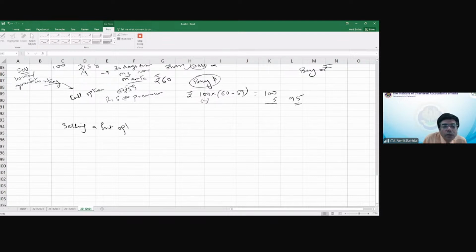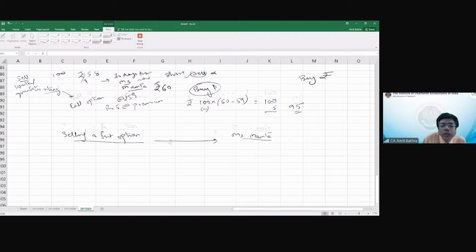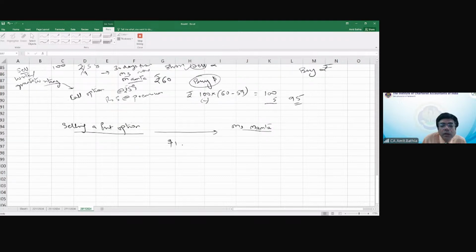What is a put option? A put option is the right to sell. So now I am selling this option to Miss Mamta, and I am telling her that you can sell US dollar 100 to me.